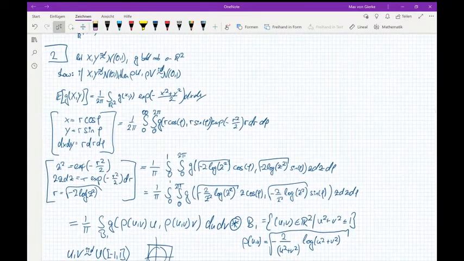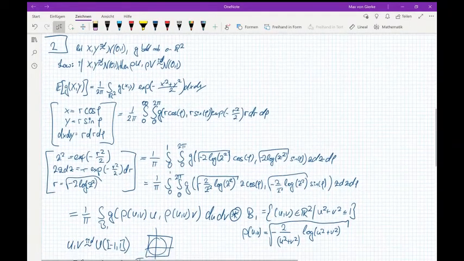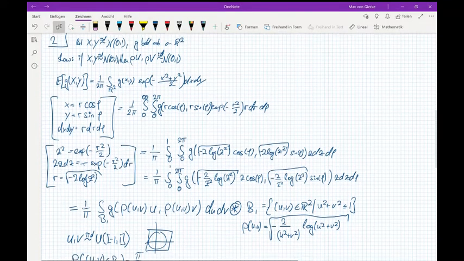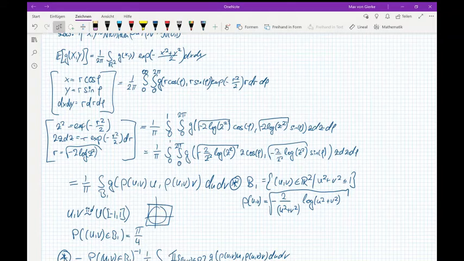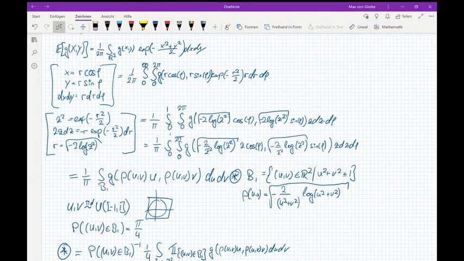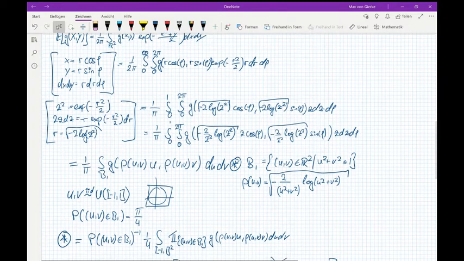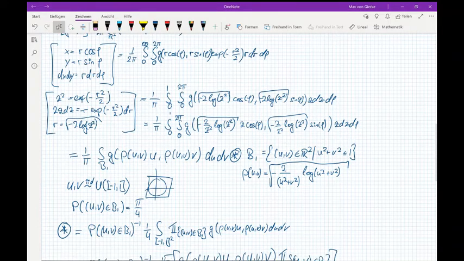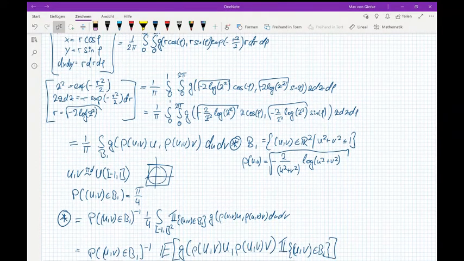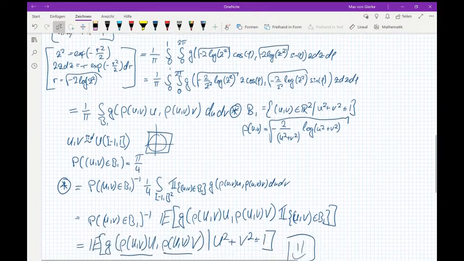If you want to write it down, just pause the video or something like this. It's really not that long. You just have to make this transformation into the polar system, then one substitution, then transform it back, and you're done.